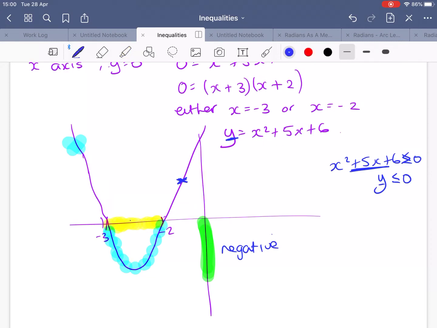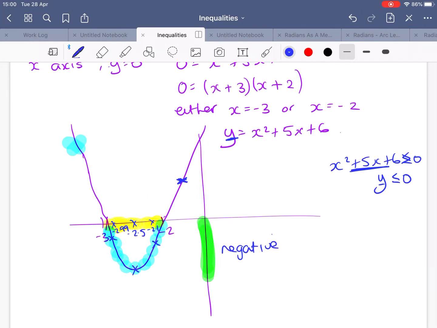Because if I said choose an x value of -2.5, my y value would be negative. If I had an x value of -2.1, my y value would be negative. If I had an x value of -2.99, my y value would be negative.